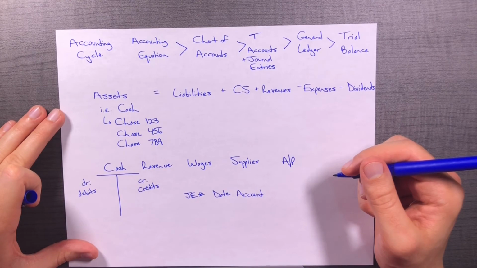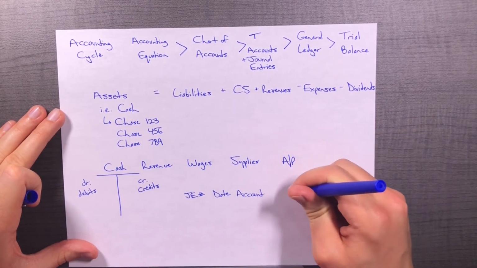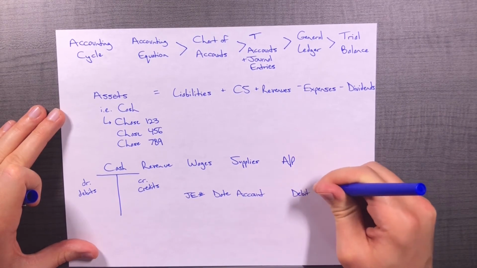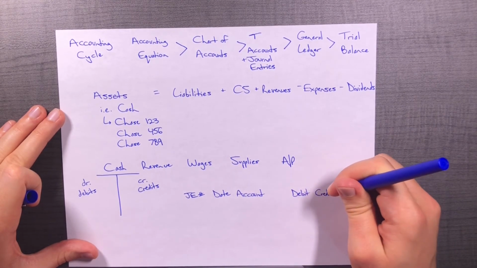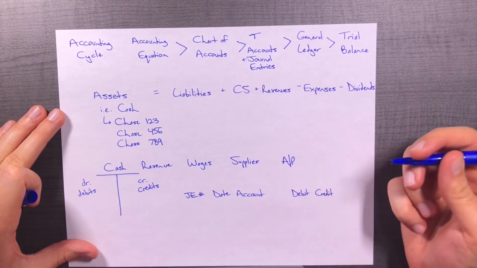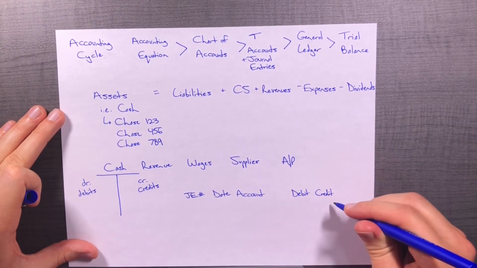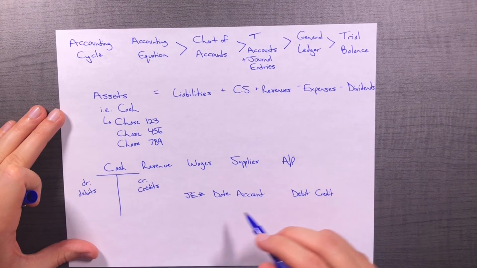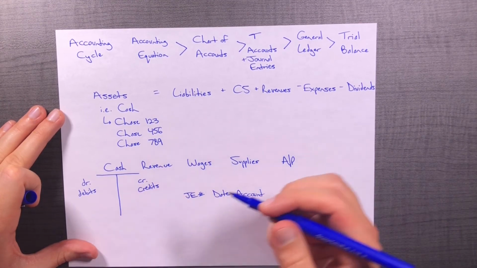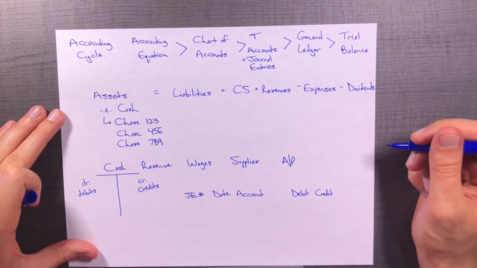Next, we list the amount of debits for the accounts in the transaction, followed by the credits. You'll notice that debits are on the left and credits are on the right, just like we see in our T accounts, and like we'll see in our general ledger and even in some trial balances.